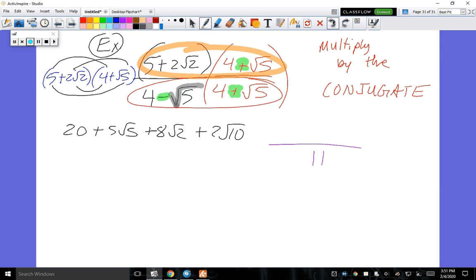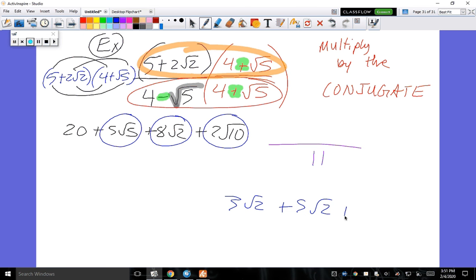Let's keep going here. Same problem. So can I add this with that? No, I can't. Guys, if I had 3 root 2 plus 5 root 2 plus 8 root 2, could I add this to be 16 root 2's? Yeah, I can.